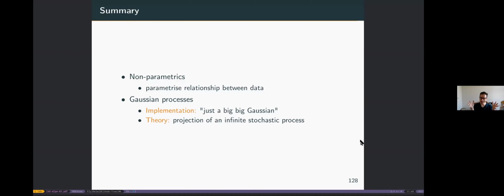When you implement it, it's just a big Gaussian distribution, a very big one, but that's it. In theory, and this is where the marginal property and all these nice things come from, you can think about this Gaussian as coming from a projection of this infinite object, which we call a stochastic process.